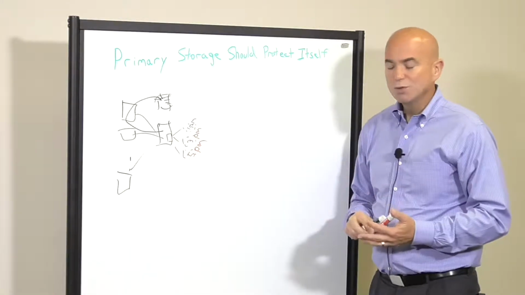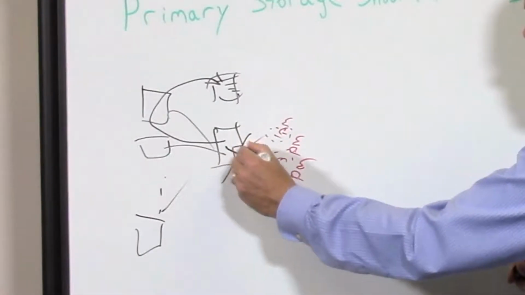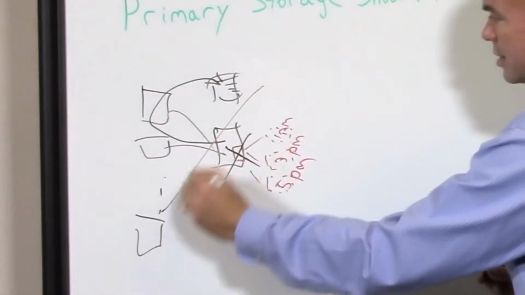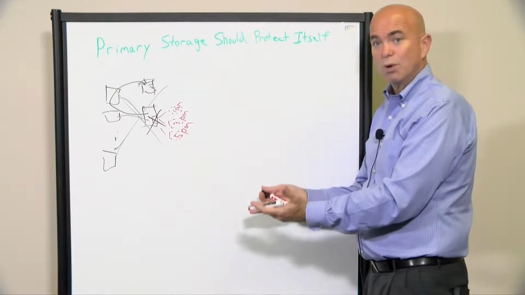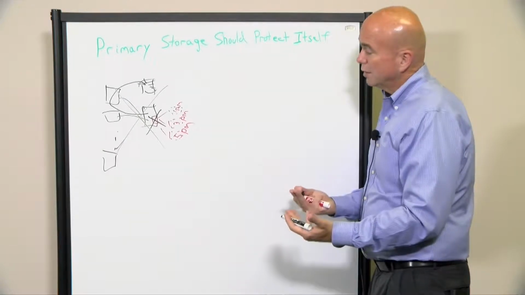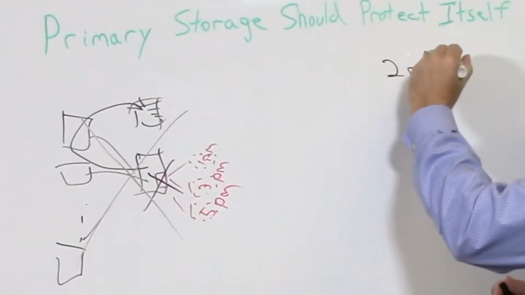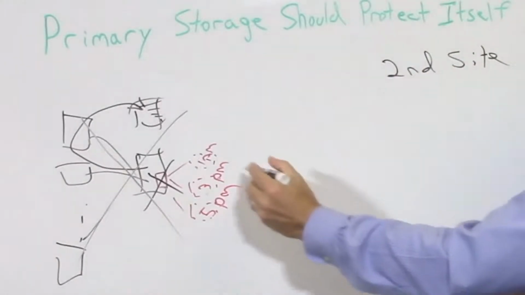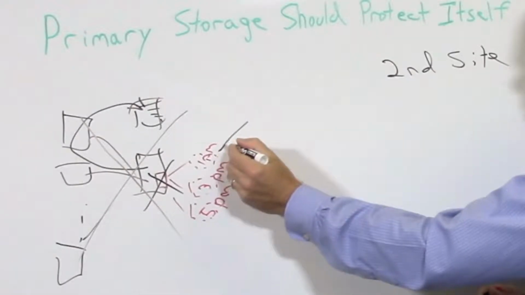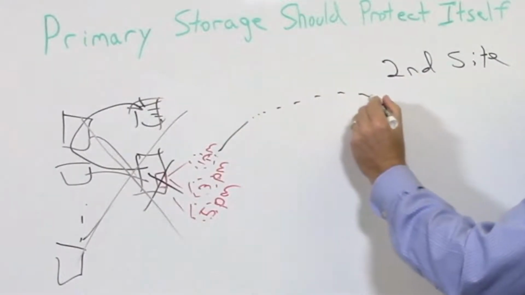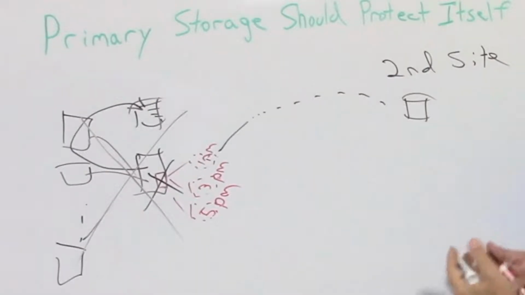Now, of course, the challenge with snapshots is if this whole storage system fails, or worst case, if this whole site fails, obviously all my protection just went with it. So the way around that is to replicate to a second site via something typically called snapshot replication, where you take one of these images or every image, and it replicates only the changed data to the secondary site.